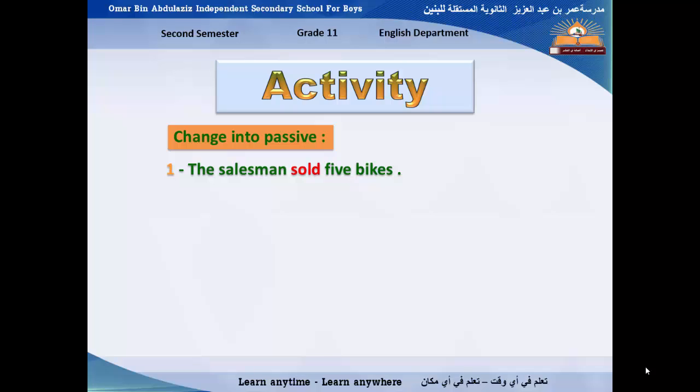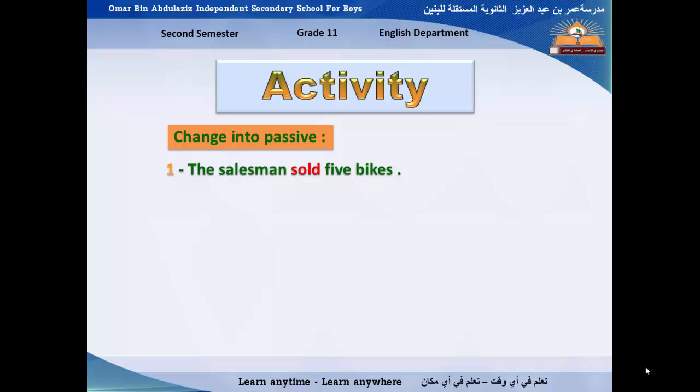Here in this case 5 bikes are plural, so we have to use were. 5 bikes were. The past participle of sell is sold, and we have to add by before the salesman. So in the passive voice, the sentence will be: 5 bikes were sold by the salesman.